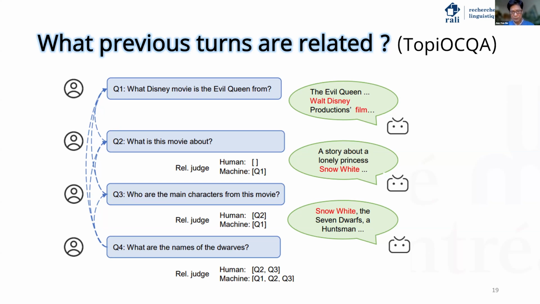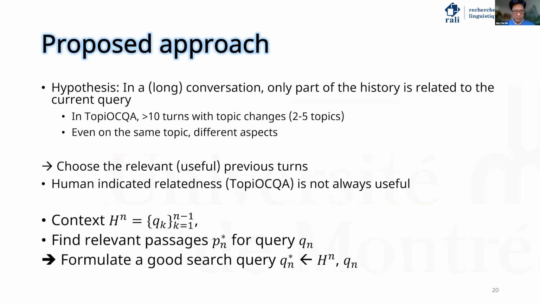And instead, we have to make a different selection. And our selection here by machine should be based on the impact on the retrieval effectiveness. So this is the main idea that we use in this paper. So the hypothesis is that the conversation context is noisy, especially when it is long. Typically in the dataset TopiOCQA, which will typically have more than 10 terms and involving topic changes.